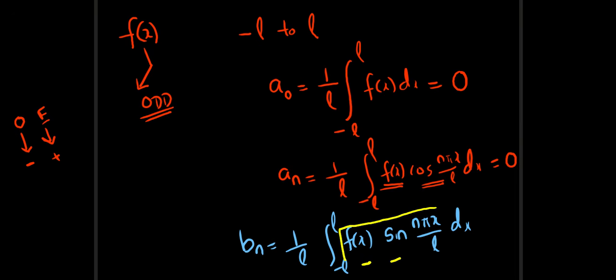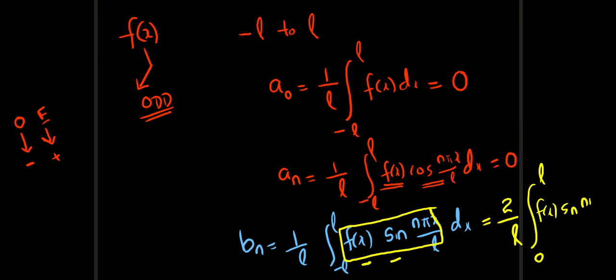So the product is an even function, and the property of even function is you do half the job, so you end up with 2 by L, and I told you do half the job, so integrate from 0 to L f of x into sine n pi x by L.